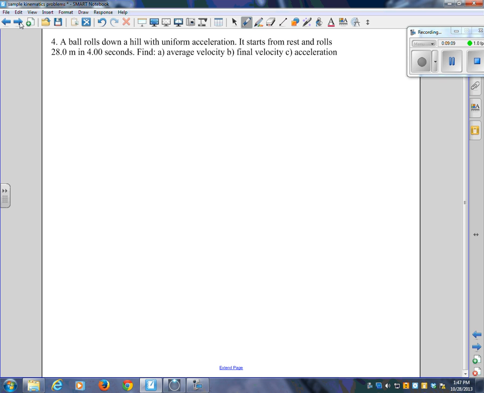The initial velocity is 0, isn't it? It doesn't come out and say that. It just says that it starts from rest. And it rolls 28 meters. That is my d in 4 seconds. My time is 4 seconds. We are to find the average velocity, the final velocity, and the acceleration.